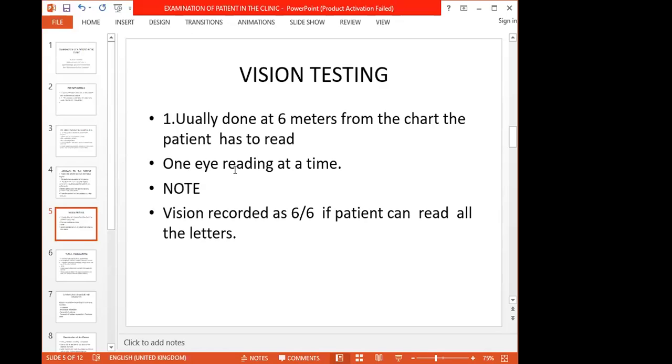You test one eye at a time, and vision is recorded as 6 if they can read all the letters on the chart. I'm sure you've seen the charts: 6/36, 6/24, 6/12, all those. That's the level of the vision where they get to, which is understandable by you and your fellow clinicians.